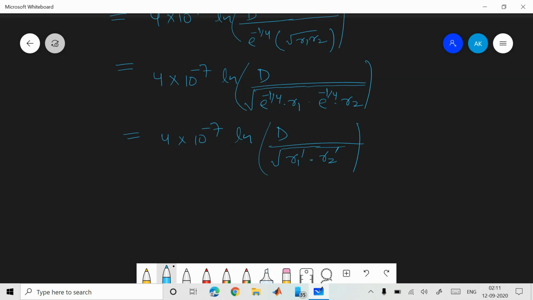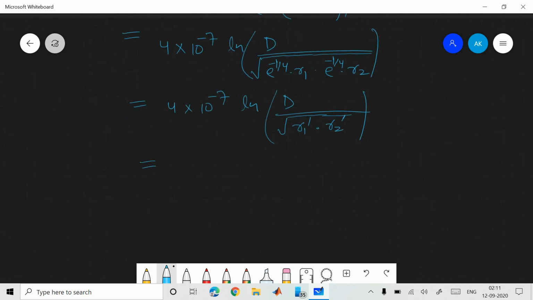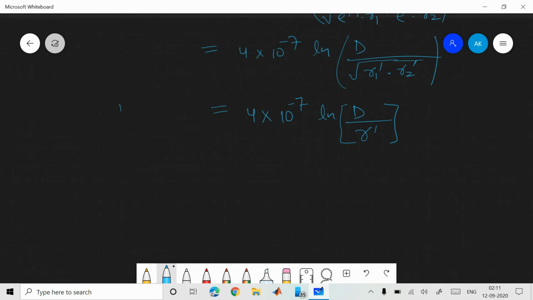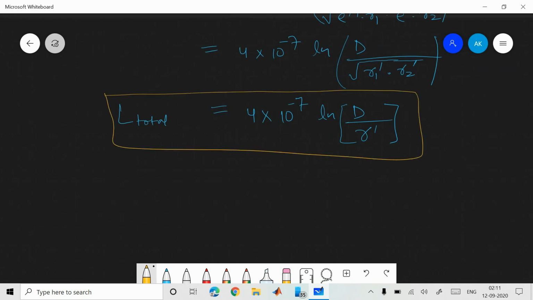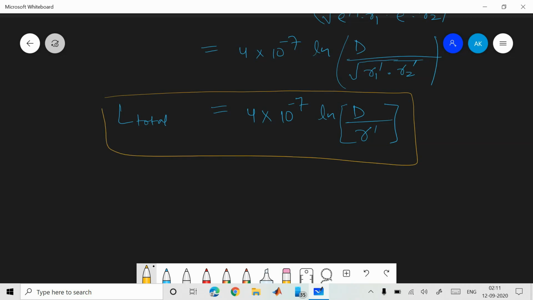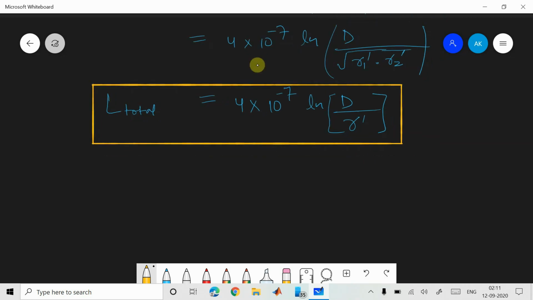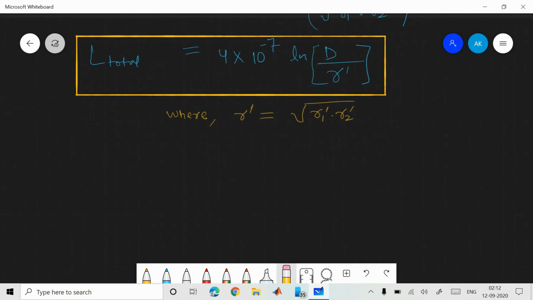So now we can finally write as 4 into 10 raised to power minus 7 ln d over r dash, and this will be your L total, where r dash is under root r1 dash into r2 dash.